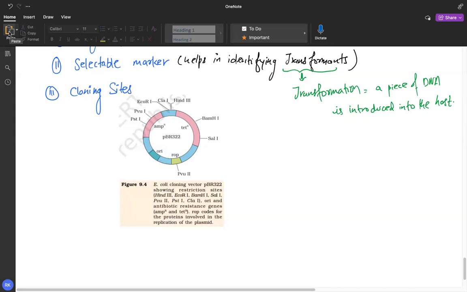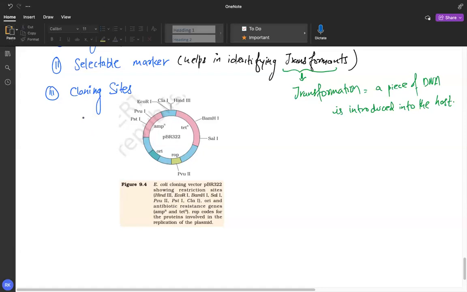But if you have two sites for the same restriction endonuclease, then it will cut your plasmid into two pieces the moment you treat it with the enzyme, and these two pieces will be linear, and then they won't be coming back to form a ring, because they are now two linear DNA fragments which can just float away from each other.